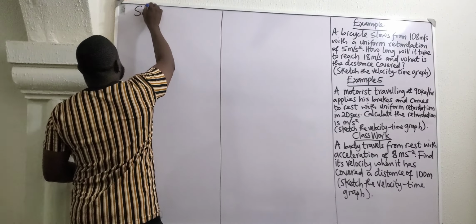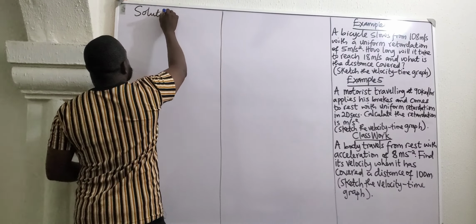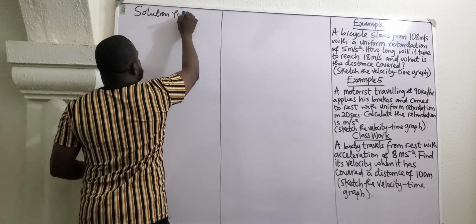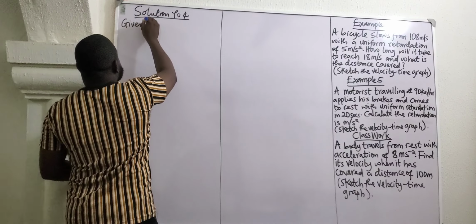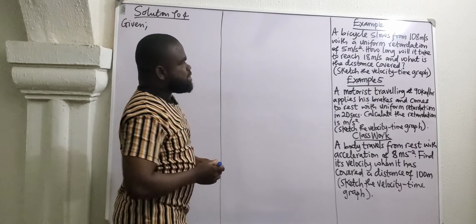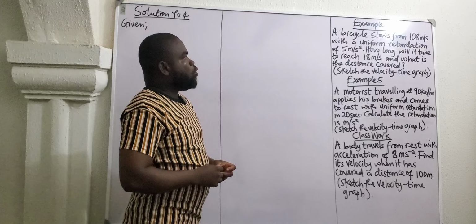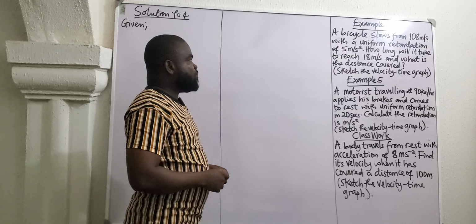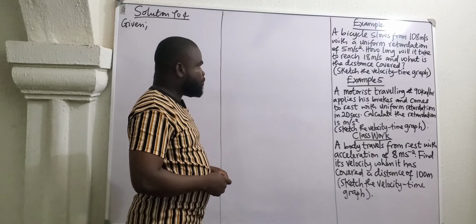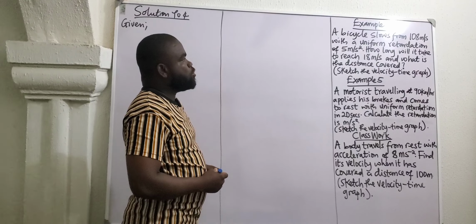Solution to question 4. Let's pick what is given to us in the question. A bicycle slows from 108 meters per second with a uniform retardation of 5 meters per second square.